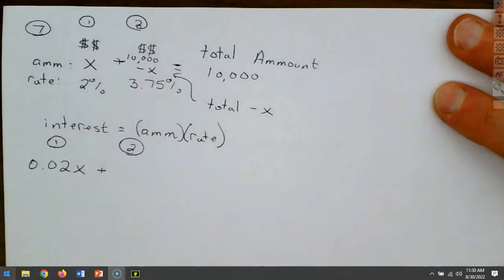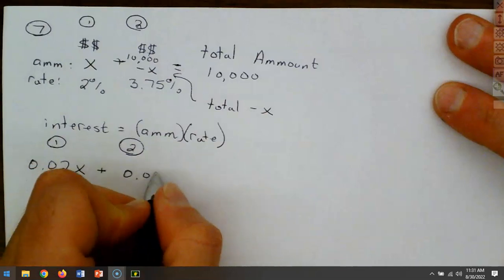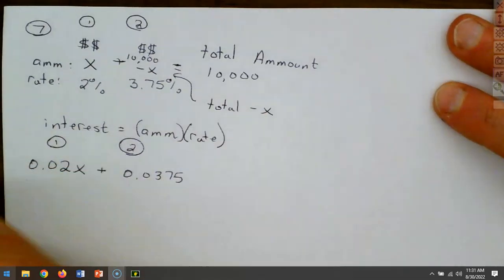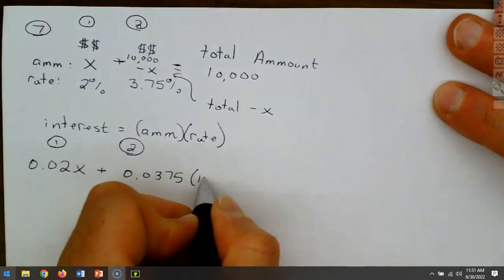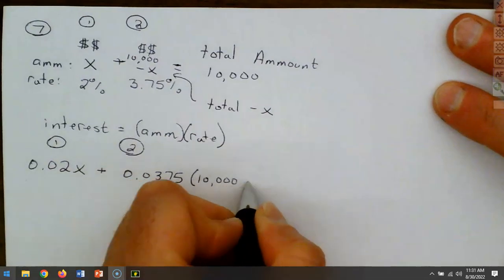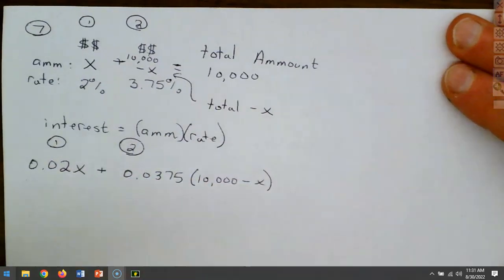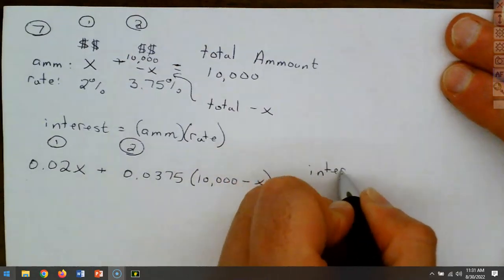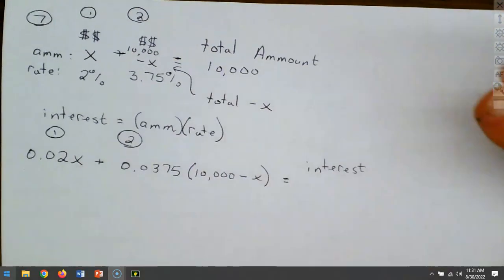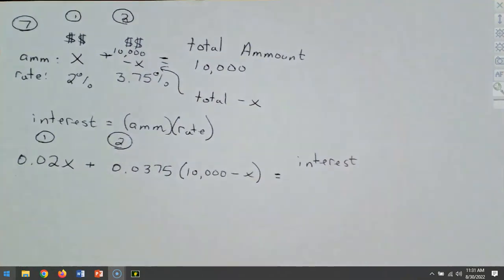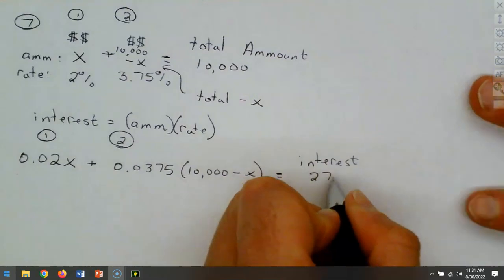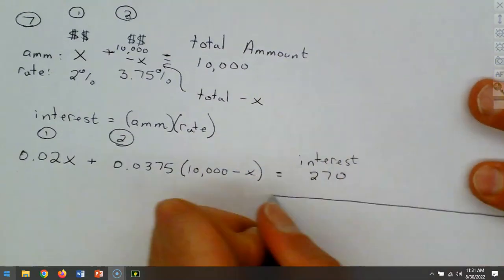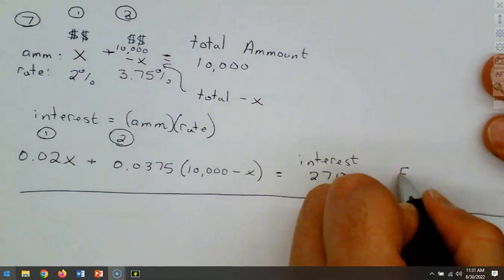The second one is 3.75%, so that's 0.0375. And how much is in there? 10,000 minus x. And what is it going to equal? Well, it's going to equal my interest. And how much did we make in interest on question 7 here? Yep, it looks like 270. And you can finish it from there.